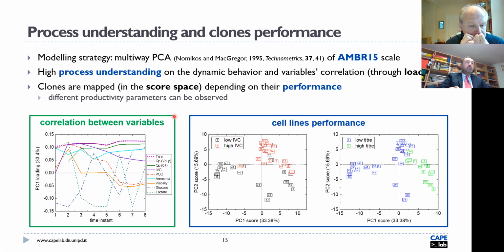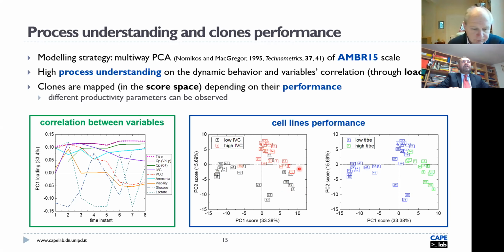Furthermore, the same modeling strategy can aid us to monitor the performance of different clones, for example, in the score space of the first 2 principal components. Here, 1 point indicates the relation between all the variables for the entire duration of an experimental batch, and so 1 point summarizes the information we have in one experiment.